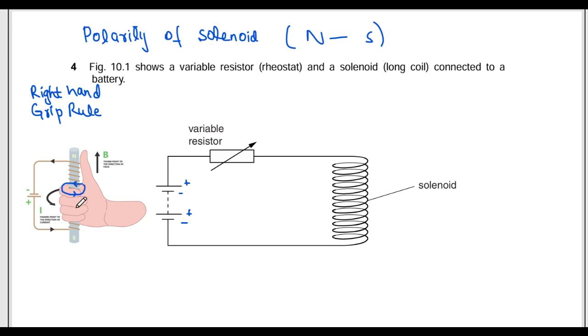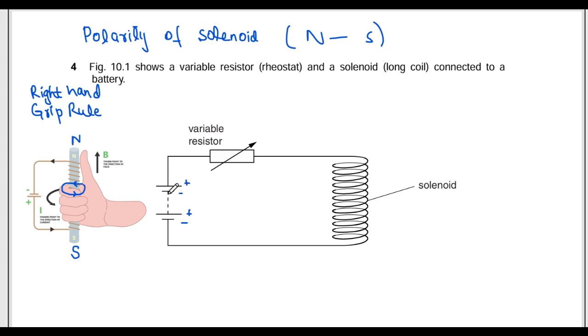So in this case, the direction of current is this. So we are curling our fingers the way the current is moving, and then our thumb will predict the north pole of the solenoid, and the other end would be south pole. So this is the way we find the polarity of a solenoid.